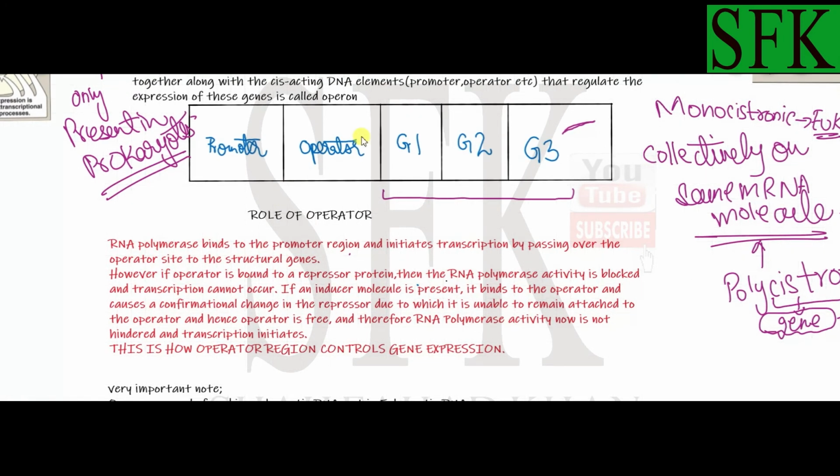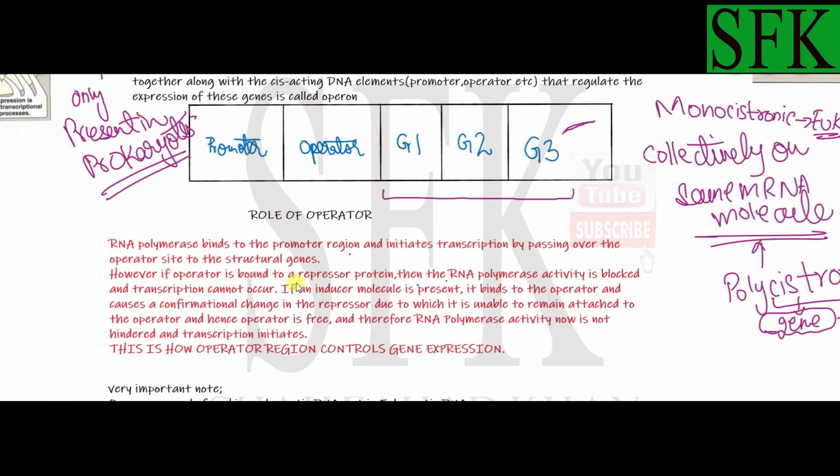But now comes the role of the operator. If this operator is bound to a repressor protein, we've talked about the repressor in the previous lecture, that it is basically a regulatory molecule that prevents the expression of a particular gene.